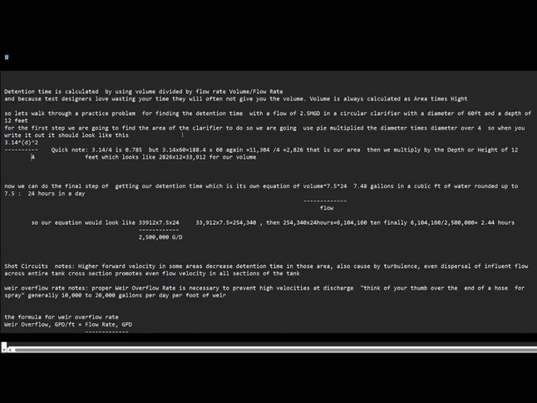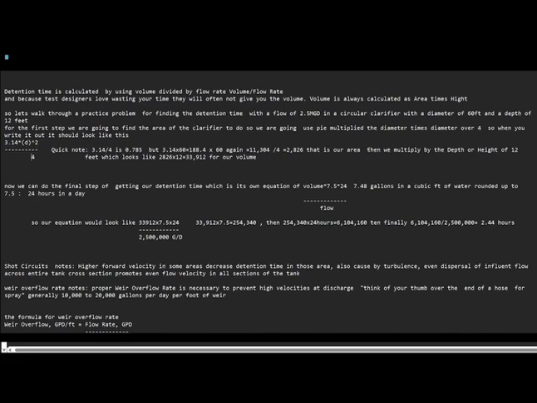All right. So 3.14 times 60 gives you 188.4, times 60 again will give you 11,304. When you divide that by 4, you get 2,826. That is our area.